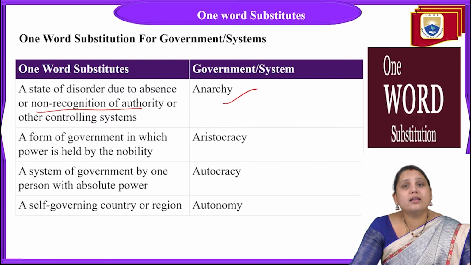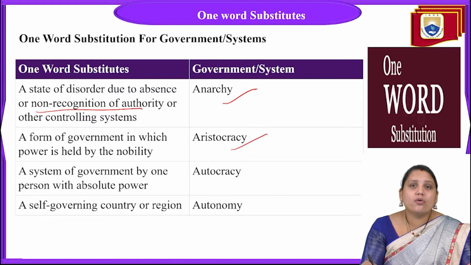It's an anarchical government. He is an anarchist, that means a man who is completely tyrannical and disorderly and very selfish in nature, not thinking about people. On all these grounds, you can use this word anarchy.